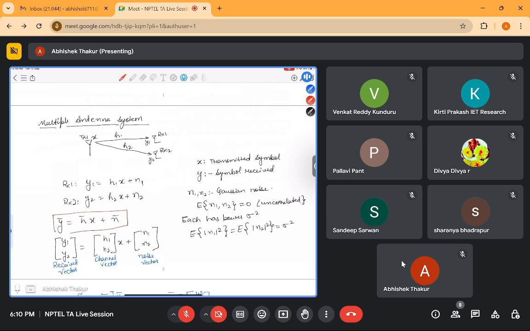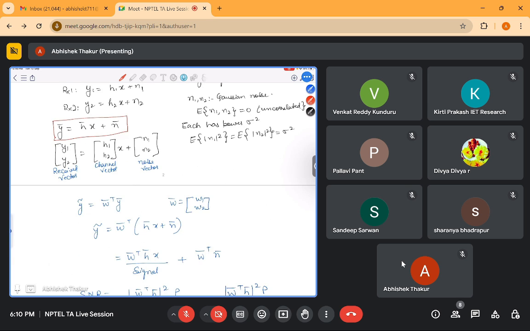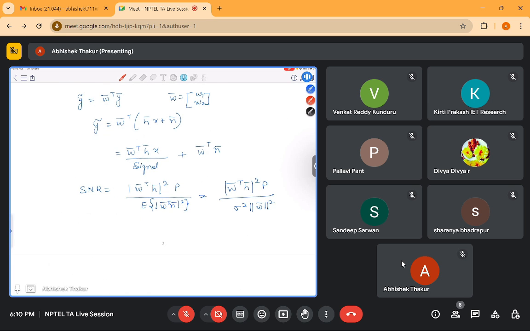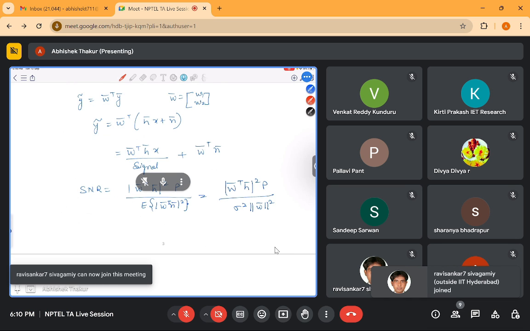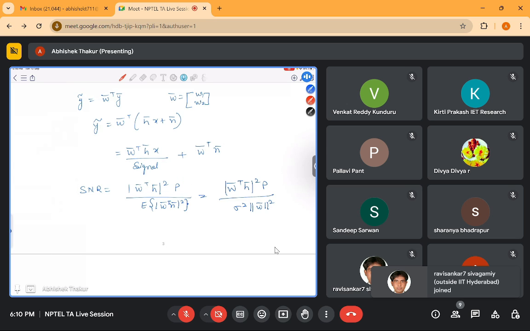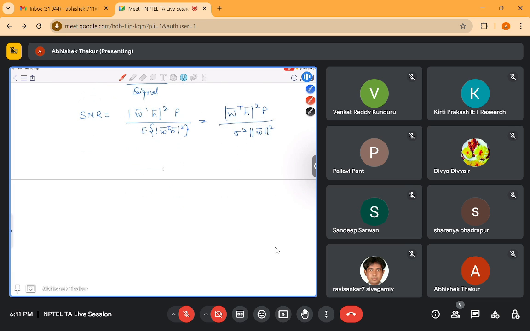So y bar is our received vector, h bar is the channel vector, and n bar is the noise vector. We have found the SNR value for this system, which has one transmitter antenna and multiple receiver antennas.